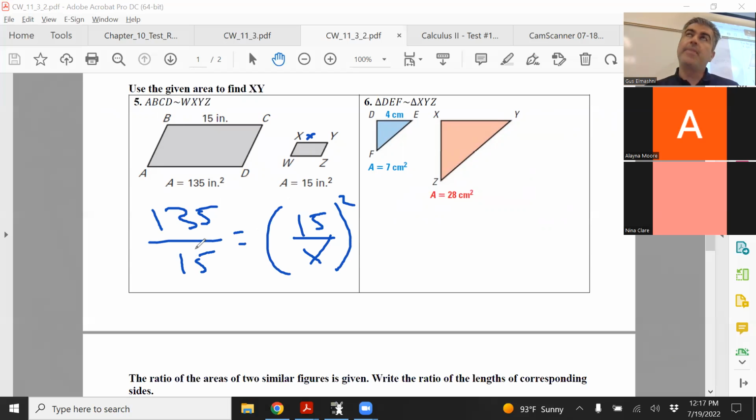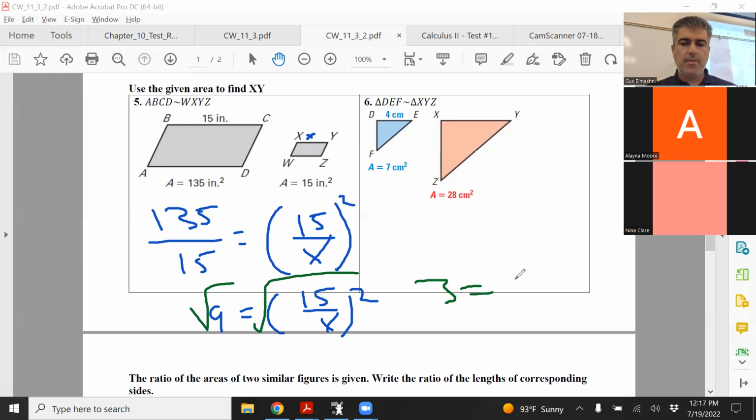If you work this out, I think that's 9. You have to take square roots. So x is 5, which would make sense because if the ratio of areas is 1 to 9, then the side lengths are 1 to 3.